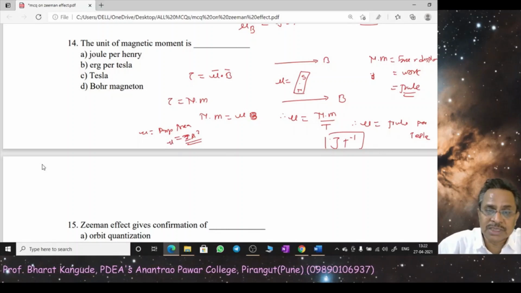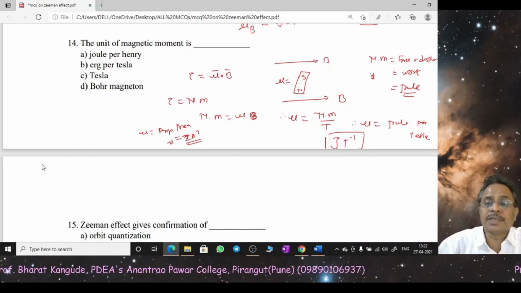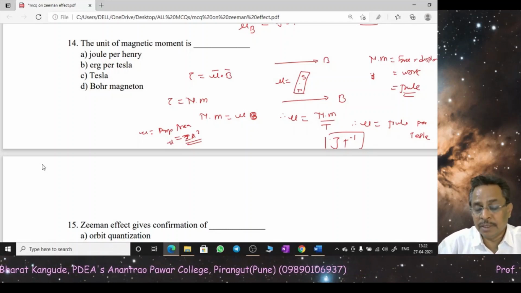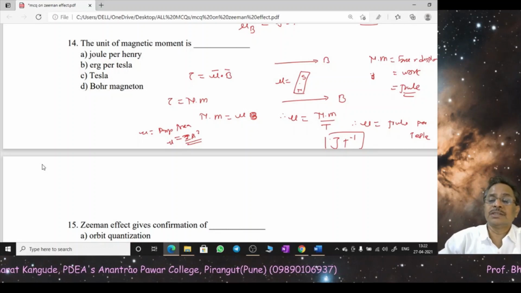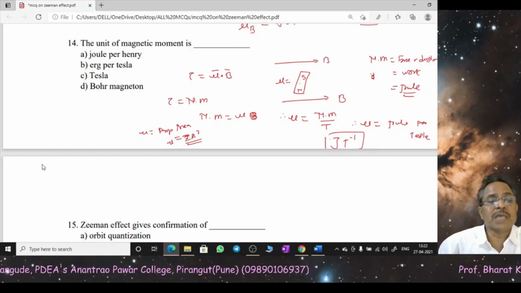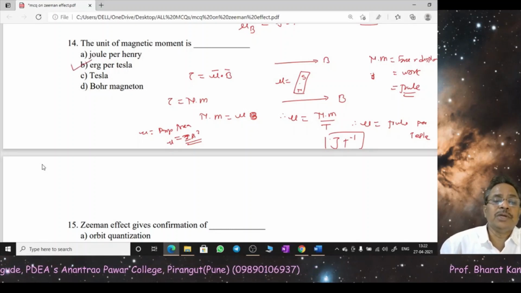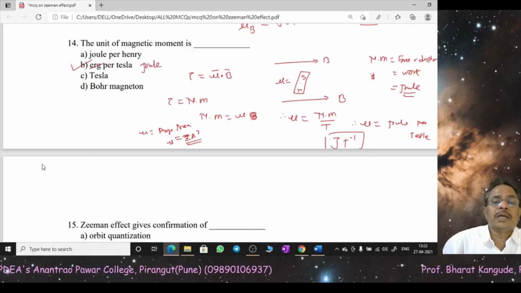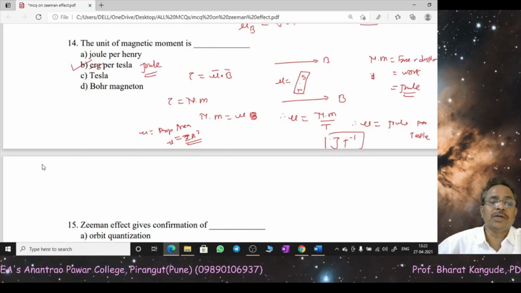Though this question is not from atomic and molecular spectra, it doesn't matter, we should know that the magnetic moment plays a very important role in our discussions, and that's what this answer is, joules per Tesla. Of the given options, ergs per Tesla is also possible, but in SI this should be joules per Tesla, so you can make that correction.